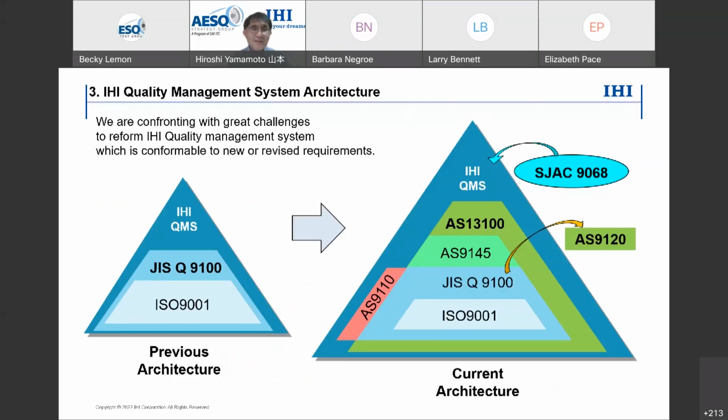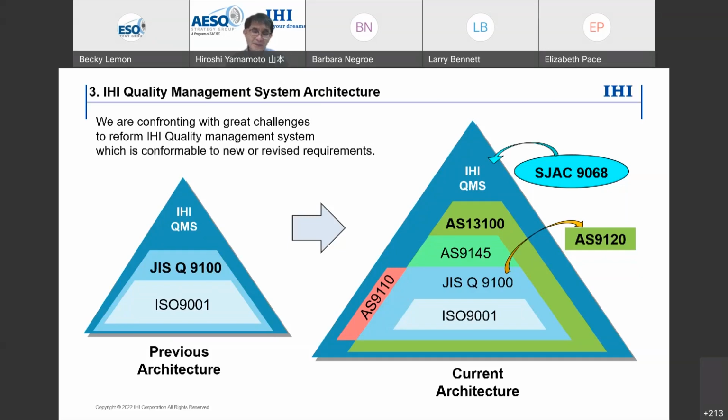The following page shows our strategy of how we introduce the AS13100 quality management system. This page shows our system architecture explanation chart. The left-hand side shows the previous architecture based only on JIS Q 9100 and ISO 9001.